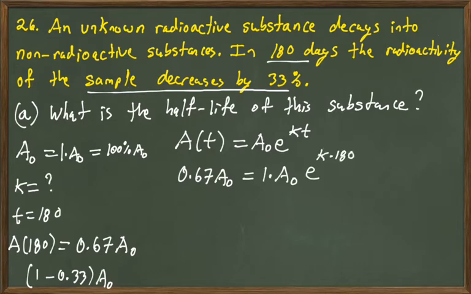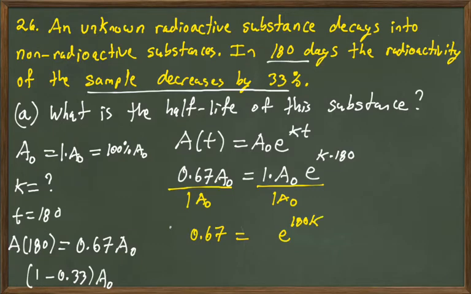So we're going to isolate the exponential because we're solving for k. We're going to divide by 1 A naught, so the initial amount didn't really matter, but we're just being a little careful. And so we have 0.67 is equal to e to the 180k.